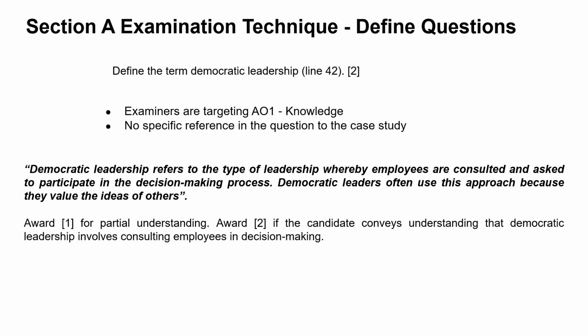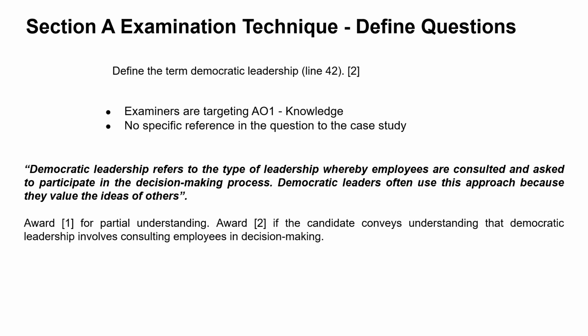This is a pure knowledge exercise. On the mark scheme, you can see a specimen answer that IB have produced. Democratic leadership refers to the type of leadership whereby employees are consulted, asked to participate in the decision-making process. Democratic leaders often use this approach because they value the ideas of others.